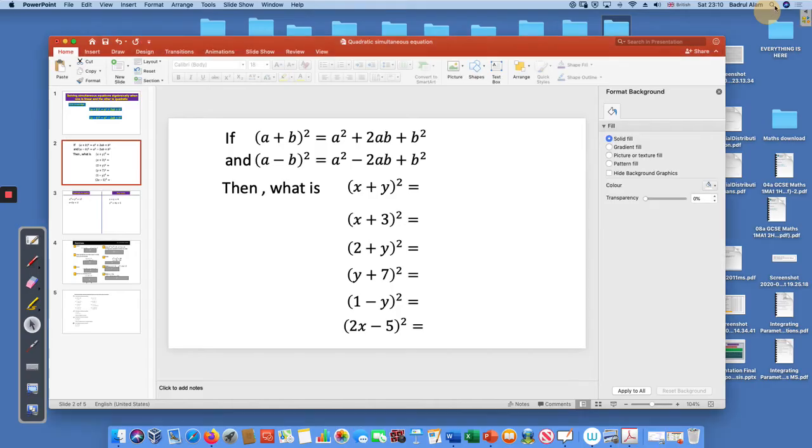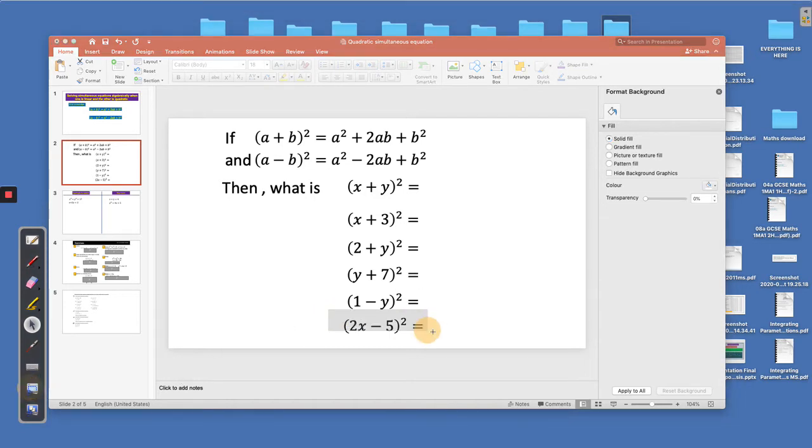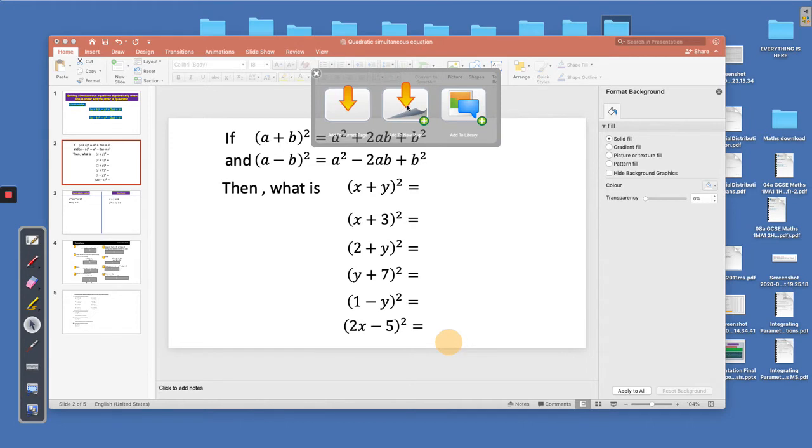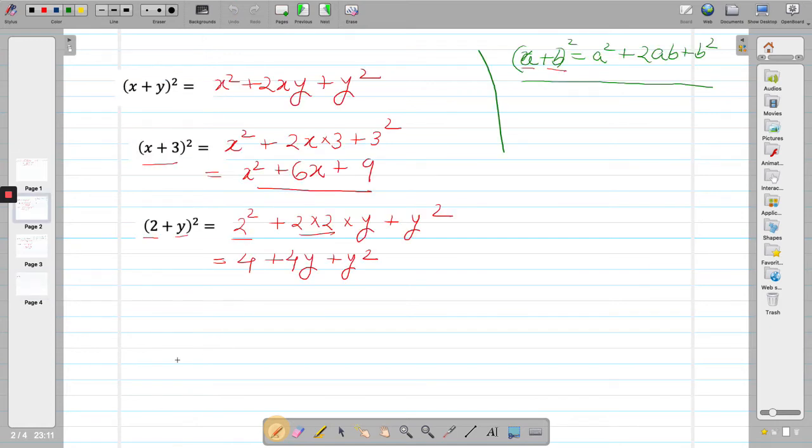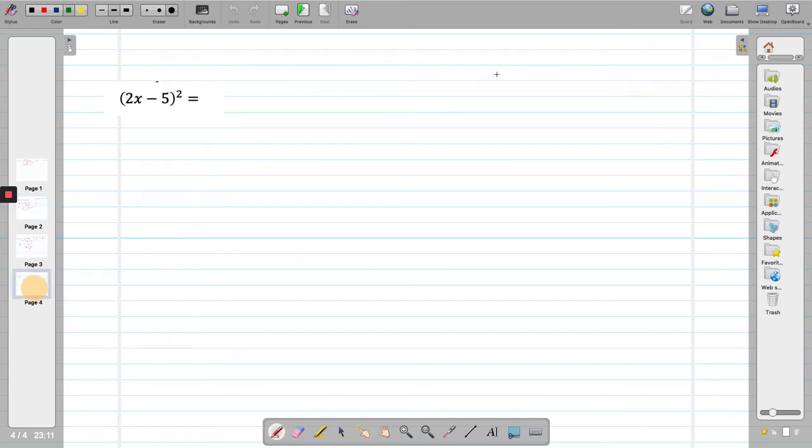Okay, next one now, (2x minus 5) whole squared. Let me take it in a new page. This is the minus formula, so let me write it here: (a minus b) whole squared equals a squared minus 2ab plus b squared.